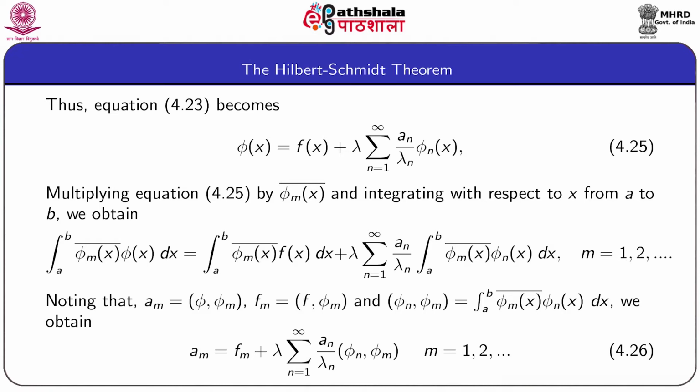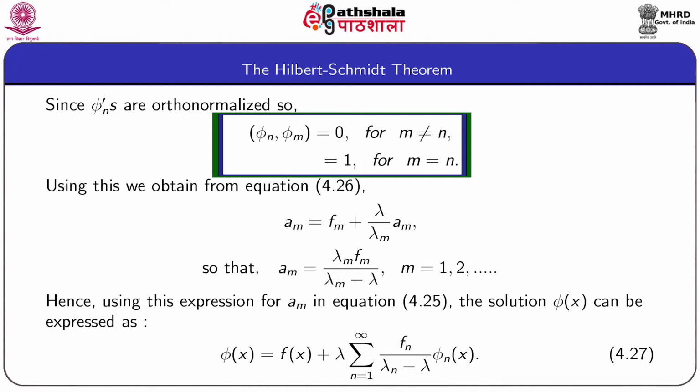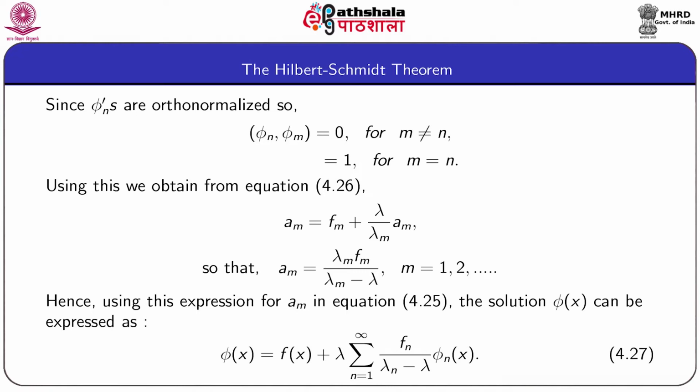Now we know that phi n are the orthonormalized eigenfunctions corresponding to eigenvalue lambda n. So since phi n's are orthonormalized, the inner product of phi n and phi m is equal to 0 for m not equal to n and equal to 1 for m equal to n.